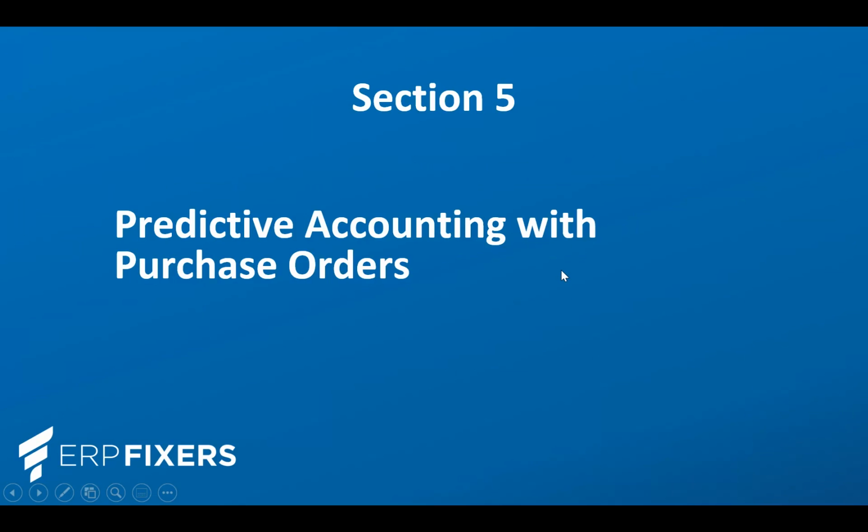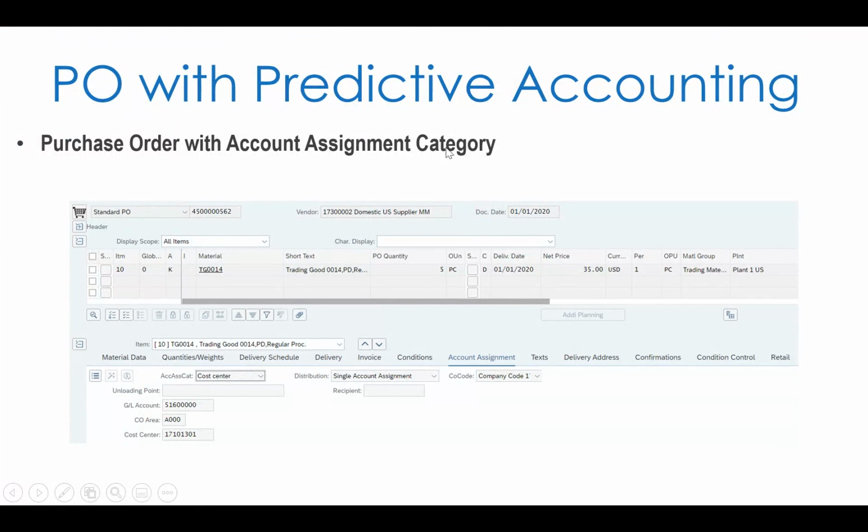Okay, so let's talk about predictive accounting with purchase orders. With purchase orders, and in fact, I don't have a slide for this, but I'll just say that even before S/4HANA and this extension ledger, SAP had commitment management, which I think anyone who deals with internal orders or WBS elements, budgets, and availability control would probably know about.